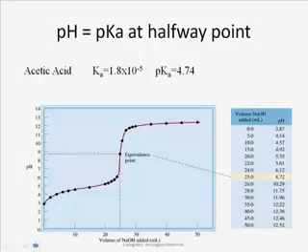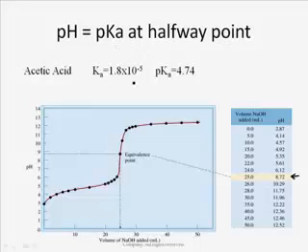Now here's something to note when we're titrating a weak acid or a weak base: at the halfway point, the equivalence point here occurs at about 25 milliliters. The pH is equal to the pKa at the halfway point.